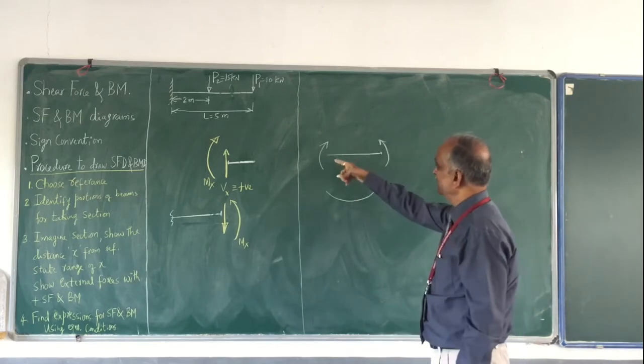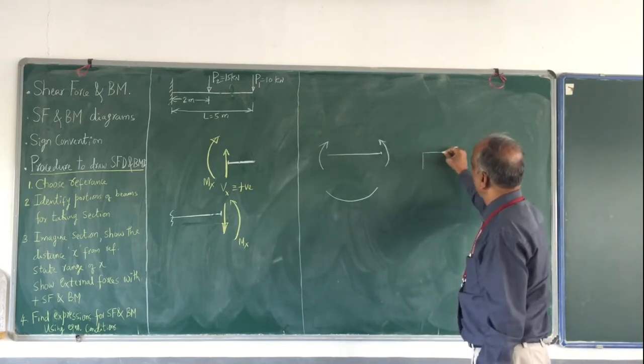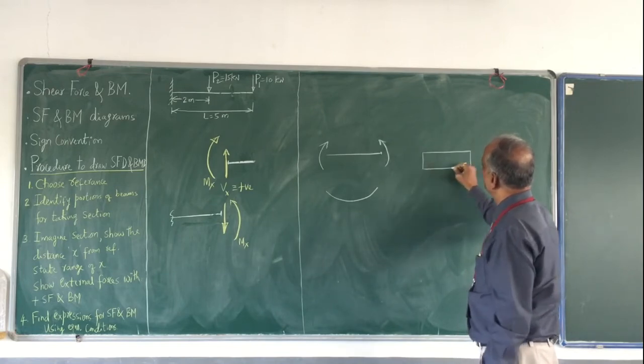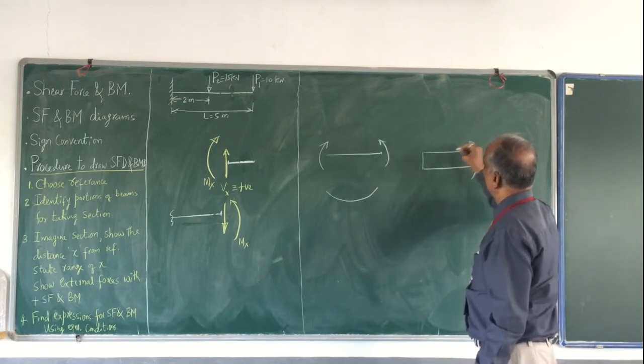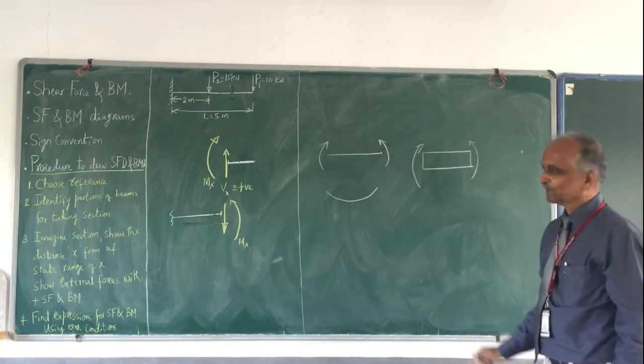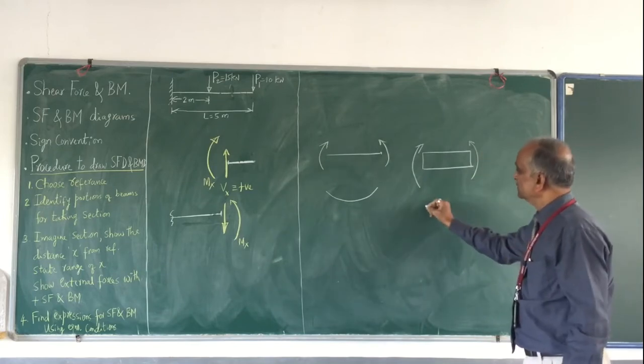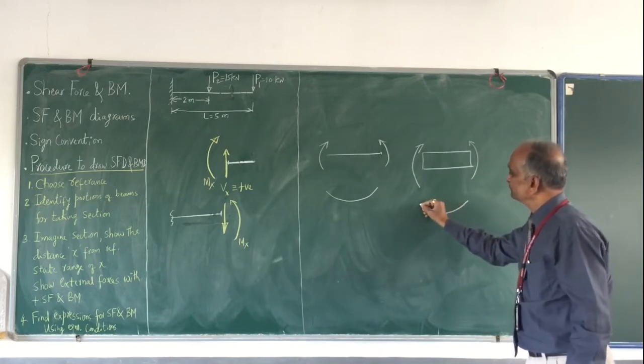If I take a line, probably you may not appreciate it. So a portion of a beam, something like this. I am showing the cross section also. This is the length and it has dimensions. It is going to bend like this.